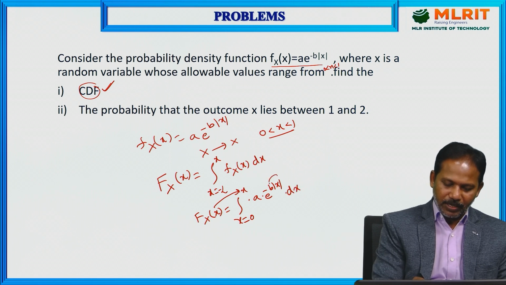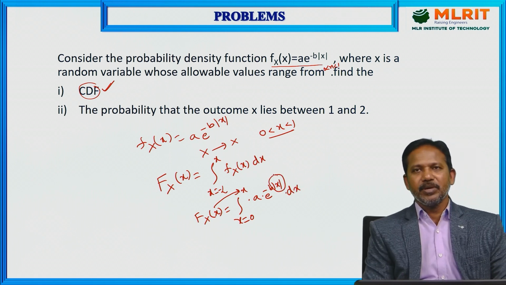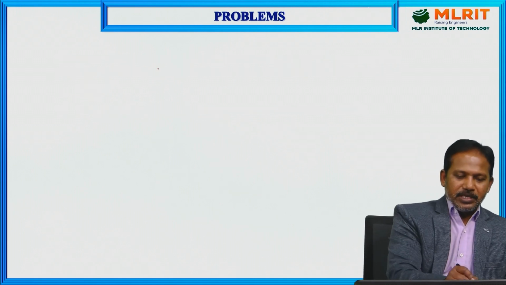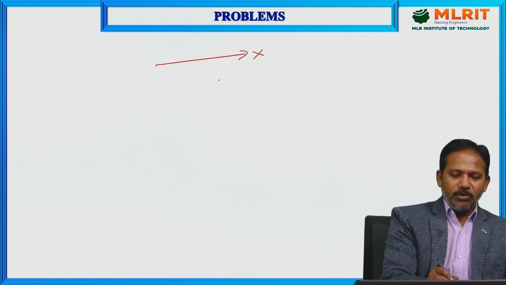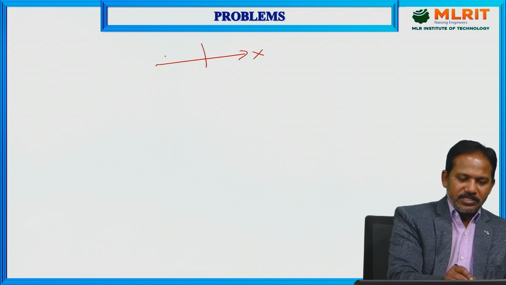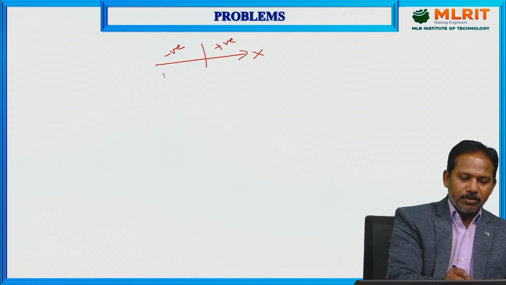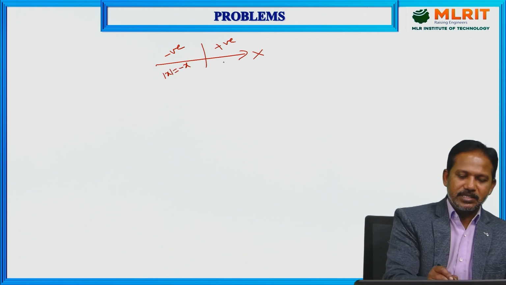First of all, I need to define what is meant by mod x, how to write that mod x. See here, generally this is my random variable. Here this will be taken as the negative axis, this is the positive axis. In the negative axis, mod x will be treated as minus x, and in the positive axis mod x is treated as plus x.